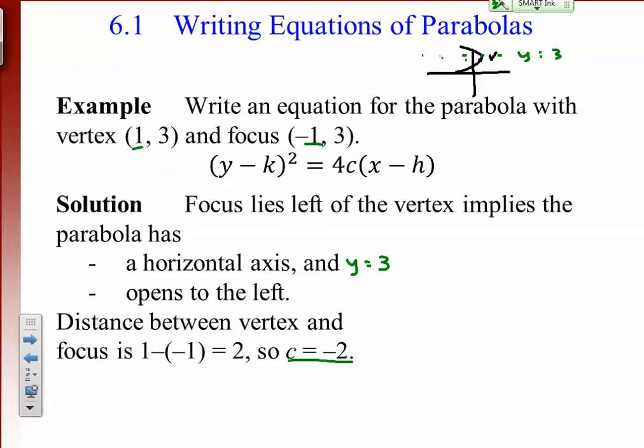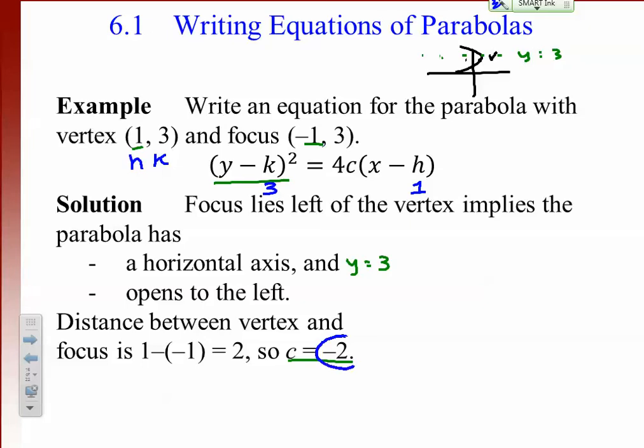So how do we write the equation for it? Since it opens up to the left, we have to use this form of the offset equation where the y minus k part is squared, equals 4c times x minus h. We know the vertex, this is the hk, so h is 1 and k is 3.